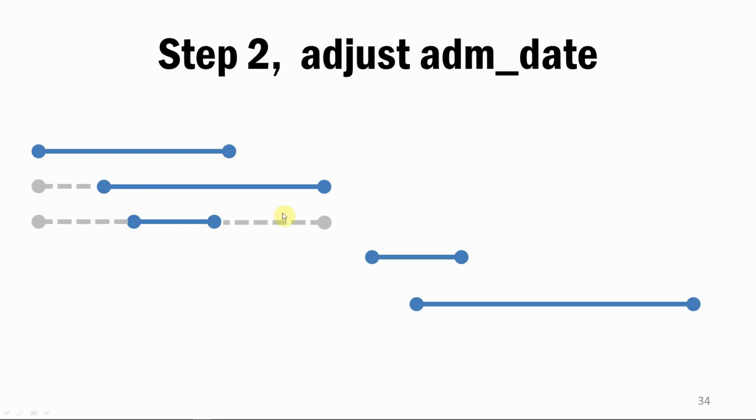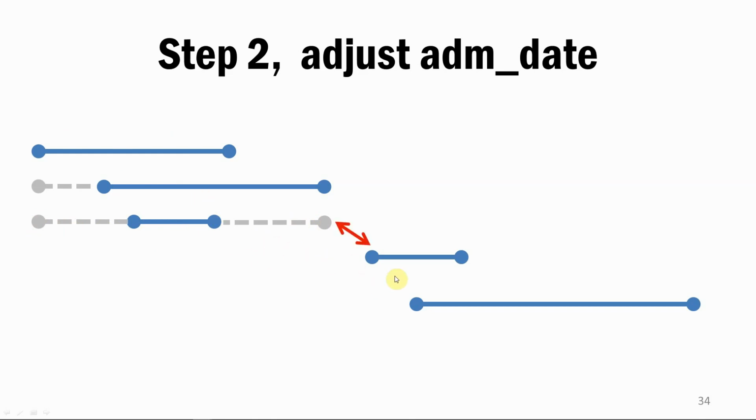So now, comparing the third one to the second and the first, the third one is going to have the most complete period, starting from the earliest admission date and ending at the latest discharge date, among these three overlapping records.